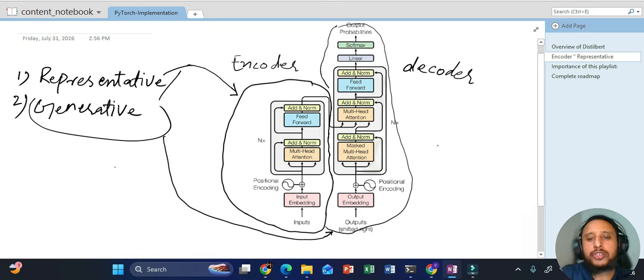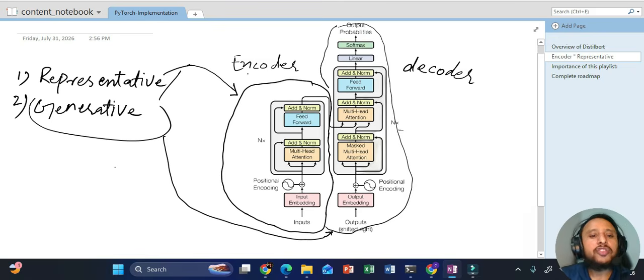Okay, so we are going to cover the DistilBERT model in this playlist. That is basically the compressed version of the BERT model, and the BERT model was also released by Google. And this BERT model is based on the encoder part of the transformers.